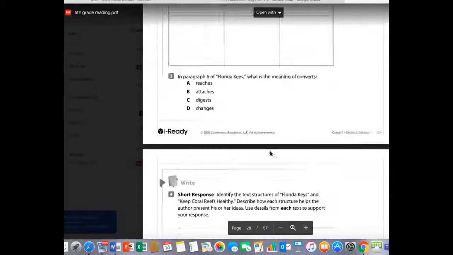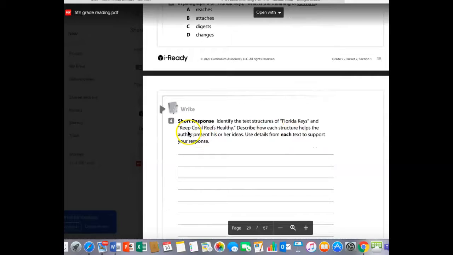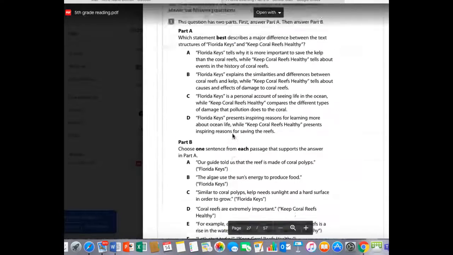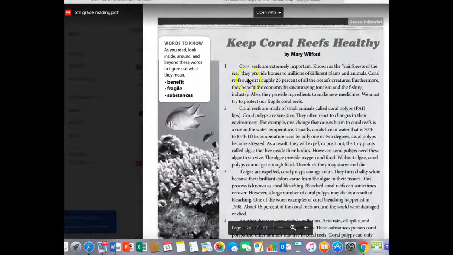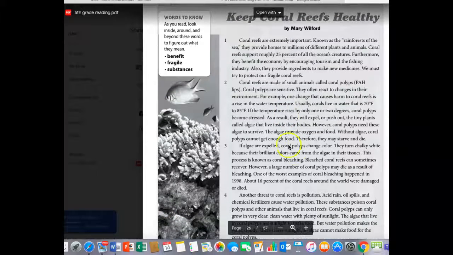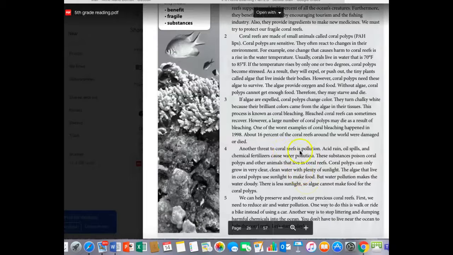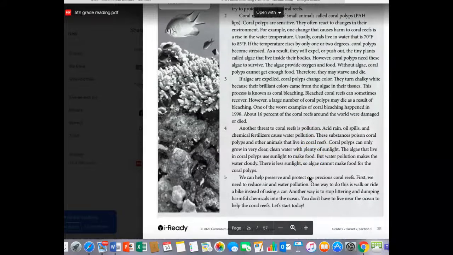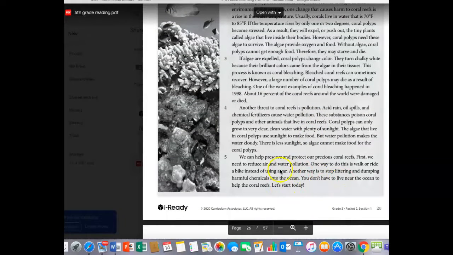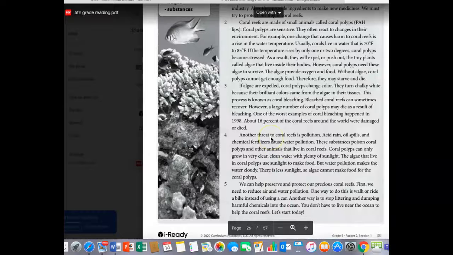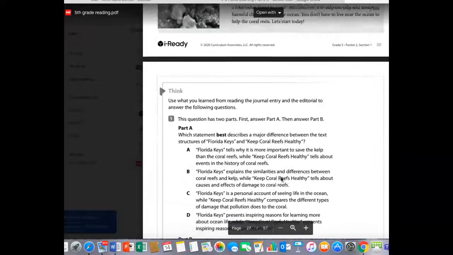The other one was Keep Coral Reefs Healthy, and the text structure of that is cause and effect. We talked about those keywords in there, things like pollution is affecting the coral reefs, and what we can do to help so that it doesn't get worse.